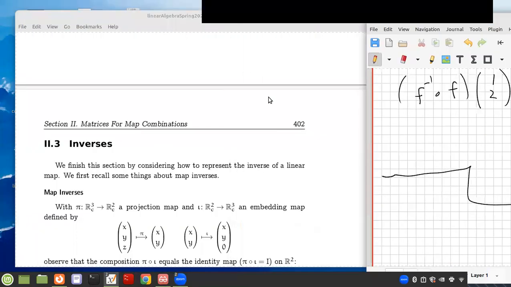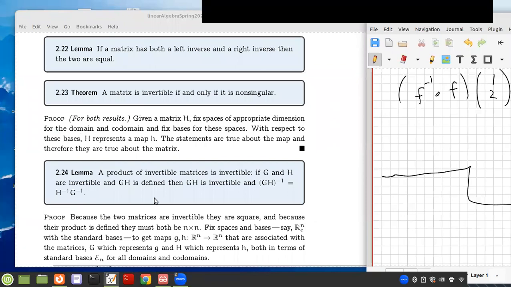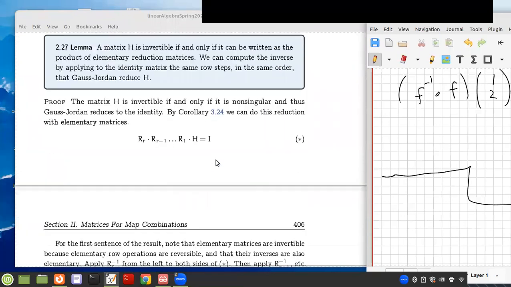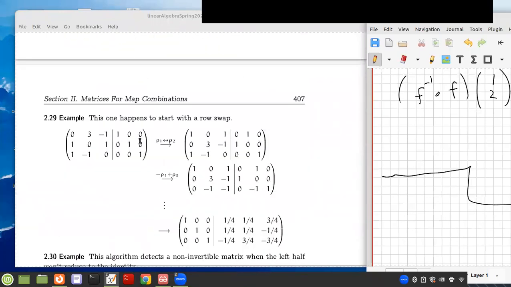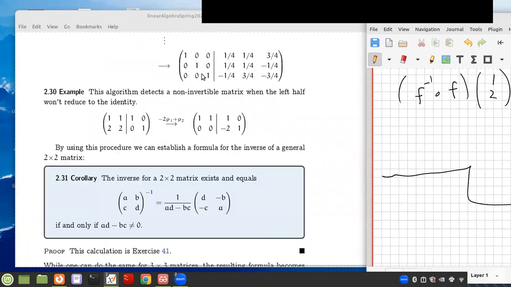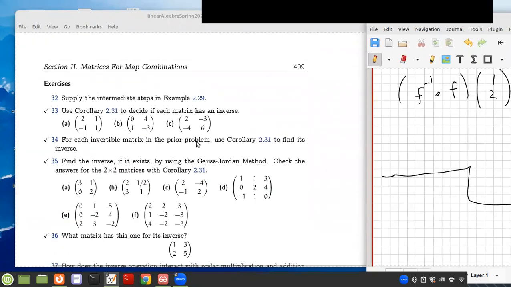Okay, so these are some of the things you can play with inverses here, and they're introducing the idea of inverses in the first place, as if you didn't know what an inverse was, and they then go through and introduce this whole method of the giant augmented matrix. Okay.